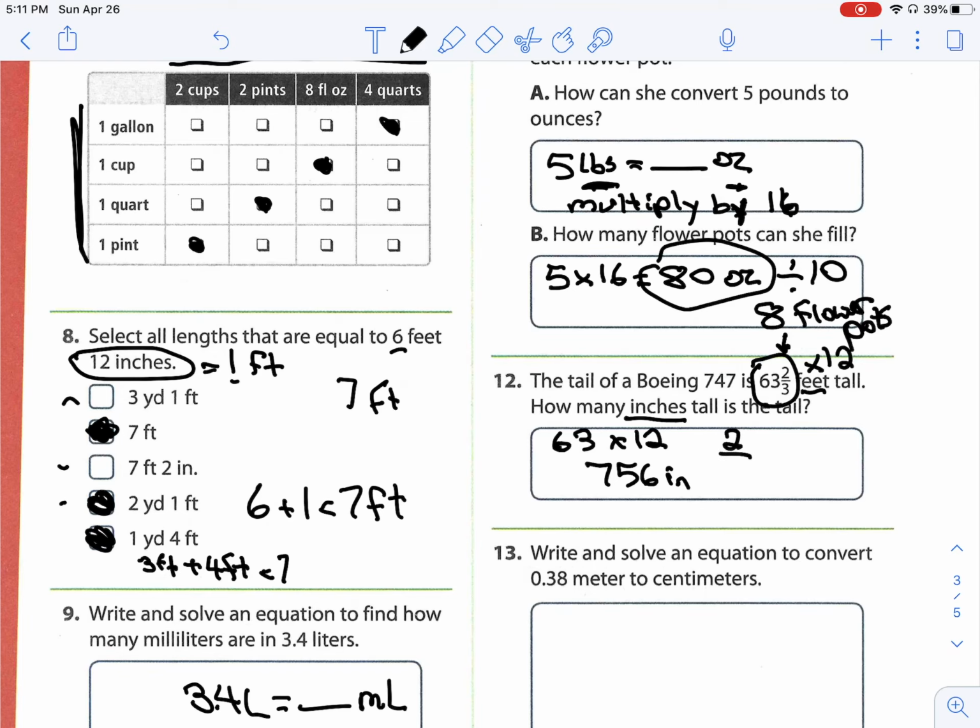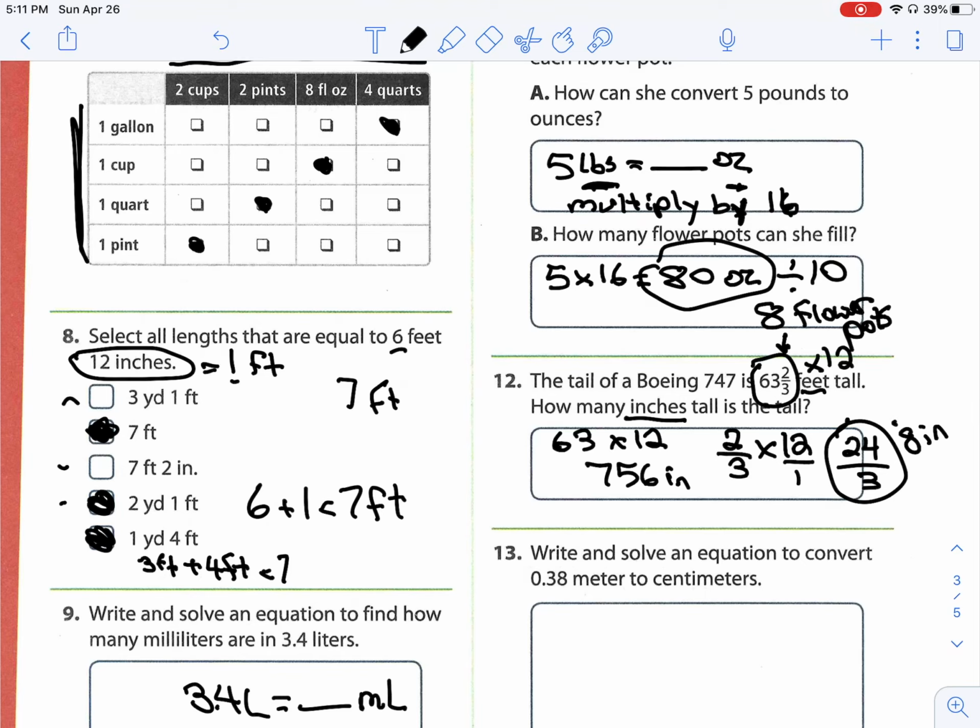So 2/3 times 12. Remember when we're multiplying, we just multiply straight across, and if we have a whole number, just put a 1 underneath it. So 12 times 2 is 24. 3 times 1 is 3. And 24 divided by 3 is 8 inches.